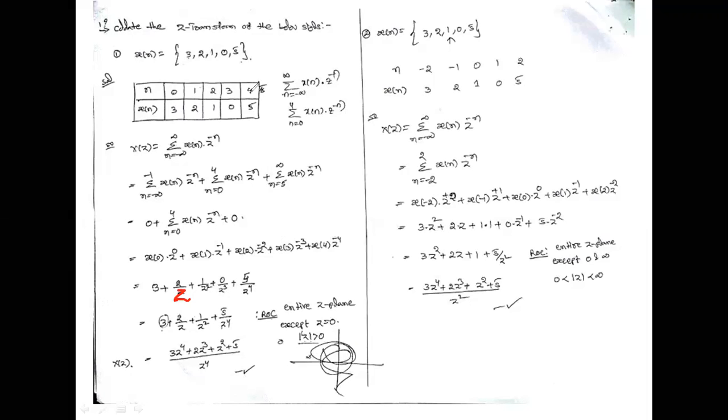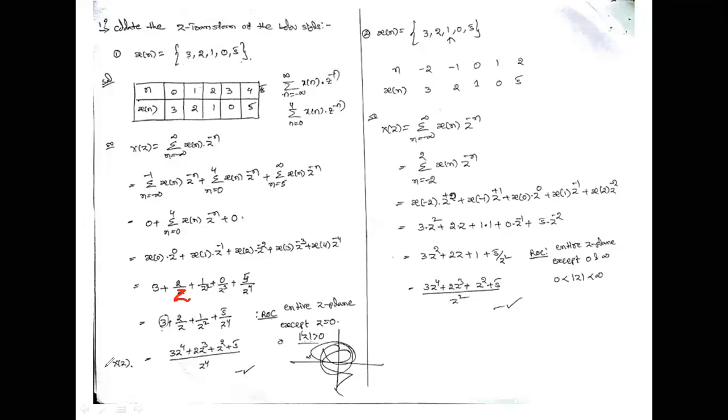At n is equal to 4, the value is 5, 5 by z power 4. Now I can simplify: 3 plus 2 by z plus 1 by z square plus 0 plus 5 by z power 4. Take the LCM as z power 4: 3z power 4 plus 2z cube plus z square plus 5.